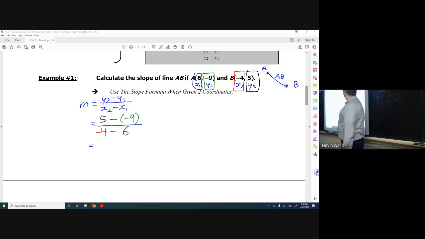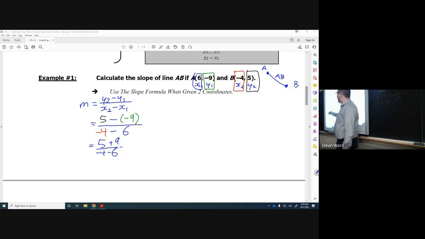Okay, so we take our y2 minus y1 and our x2 minus our x1. So 5 minus -9 would be what? Probably 14. 14, right? Because it becomes 5 plus 9 over -4 minus 6. Right?